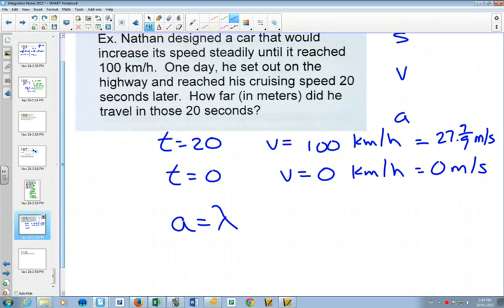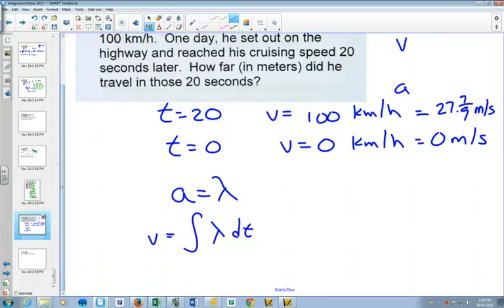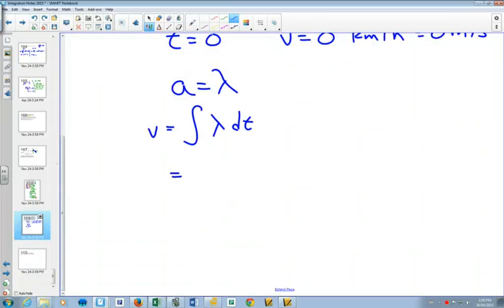Because first we'd have to get how many meters that is, and then we have to divide: 100 times 1,000, 100,000 divided by 3600, is 27 and 7/9. Good. Now if we do our velocity equation, that's going to be the integral of lambda dt, so it's going to be lambda t plus c.